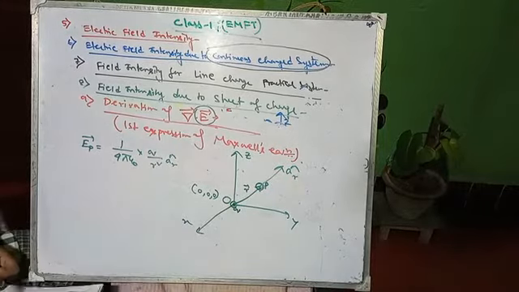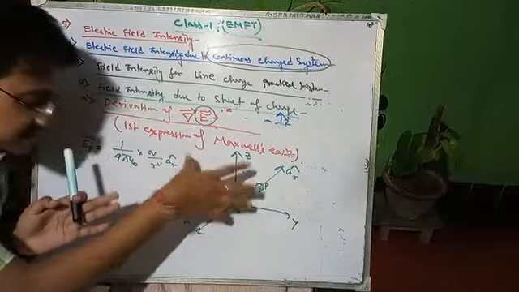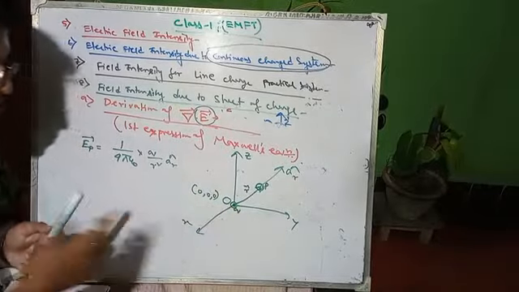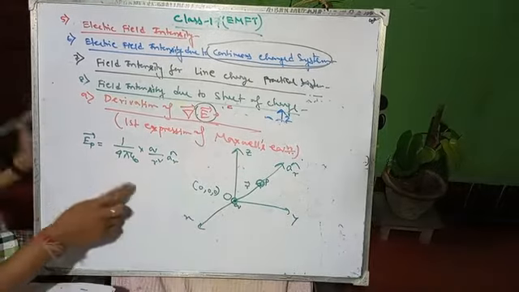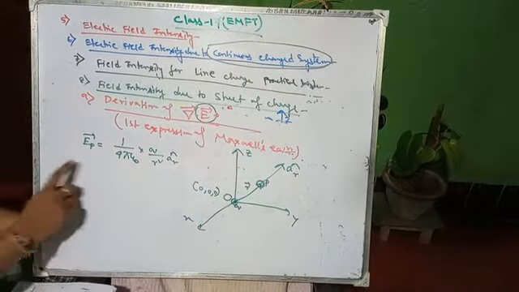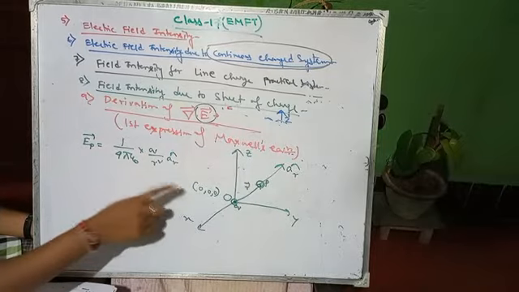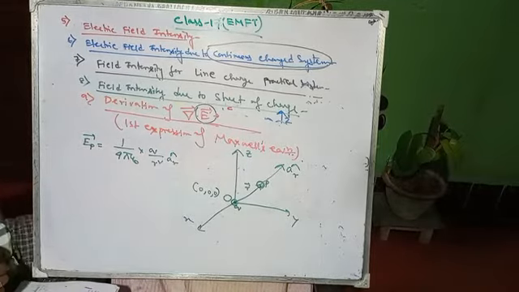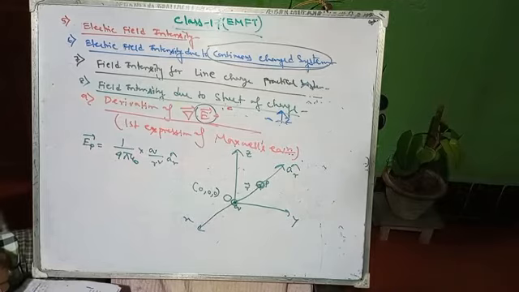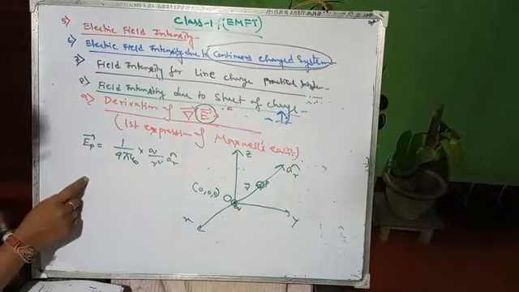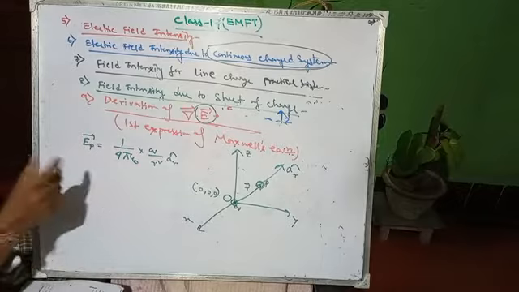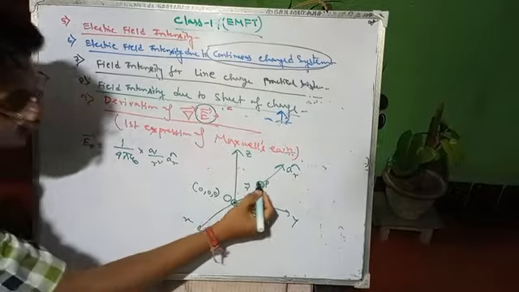Okay, now we are converting this system into a spherical coordinate system. Then the intensity over a small differential surface.